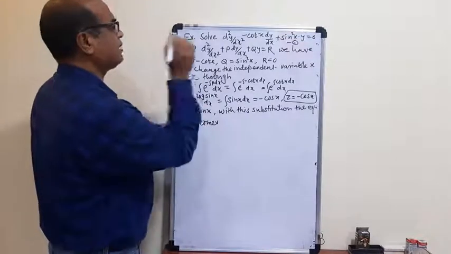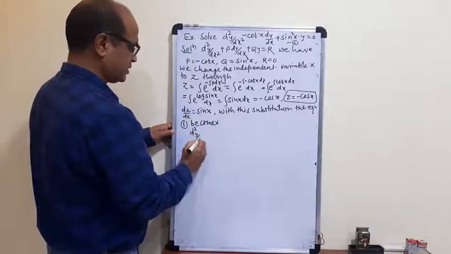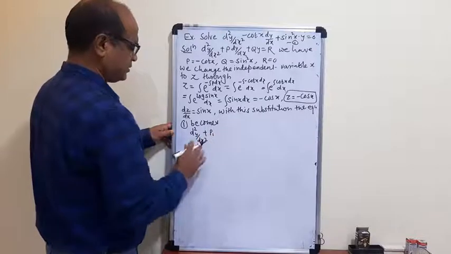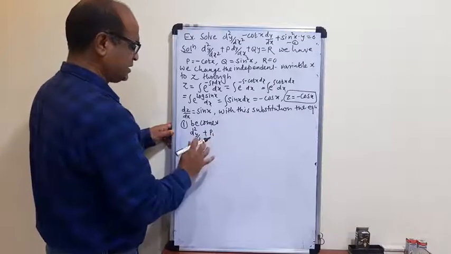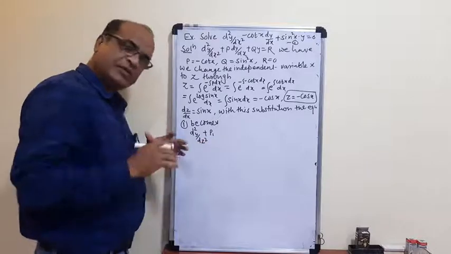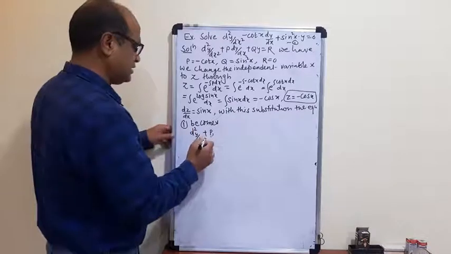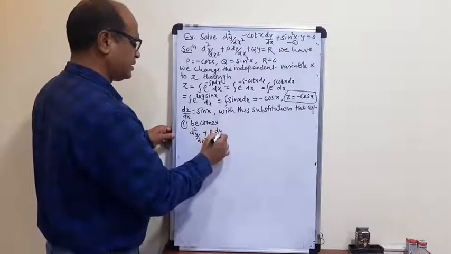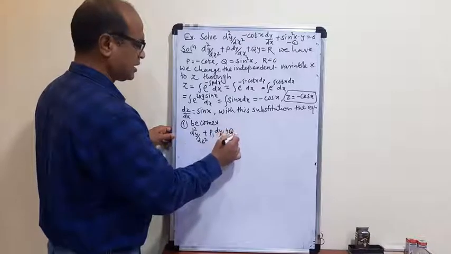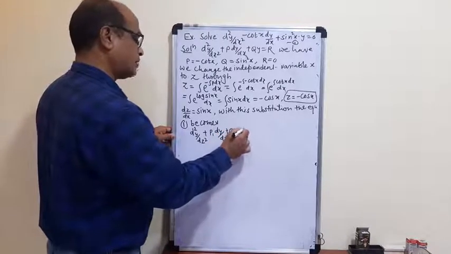So equation 1 becomes d2y by dz square plus p1 dy by dz plus q1 y is equal to r1.